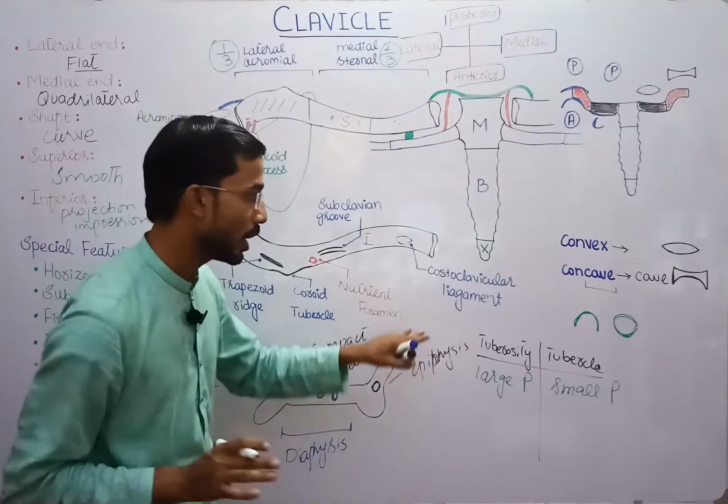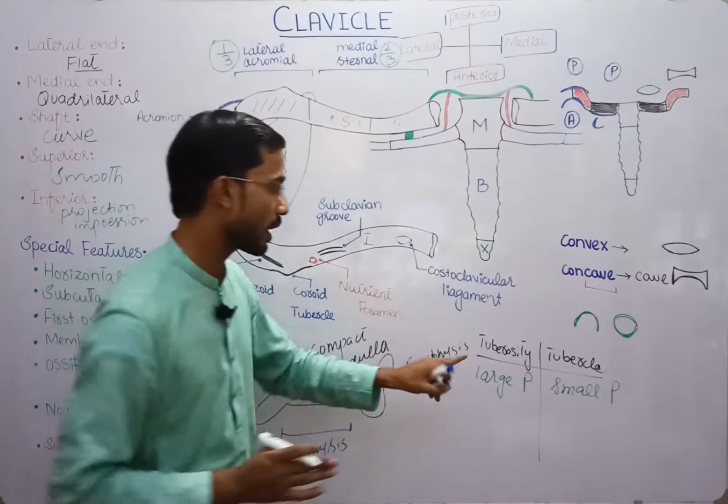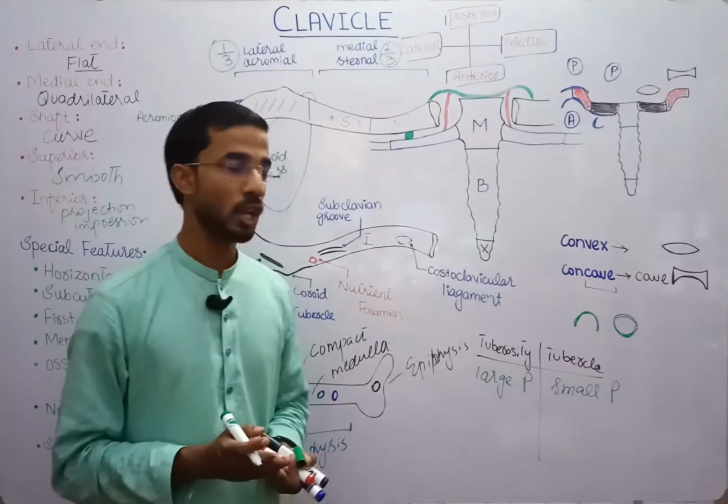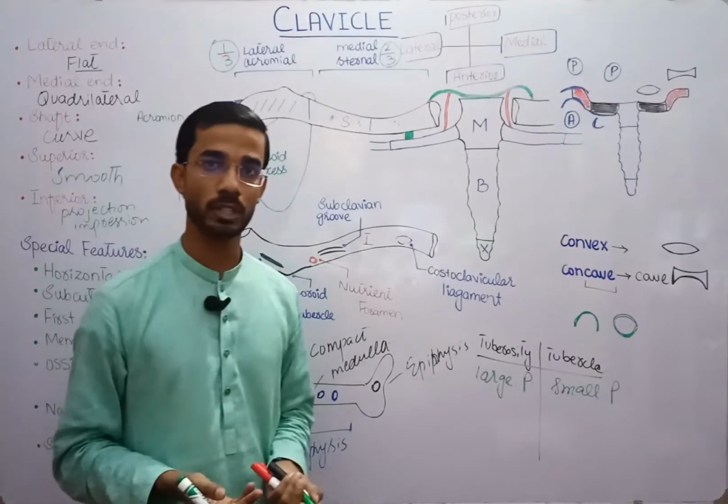You can remember it this way: tuberosity has large swelling, so you remember it by large projection. Tubercle has small swelling, so you remember it by small projection.